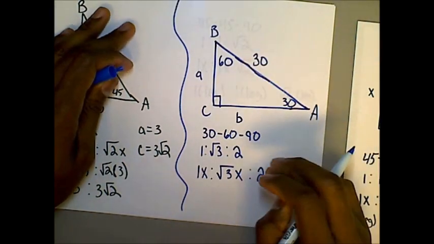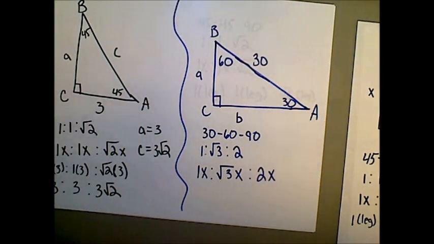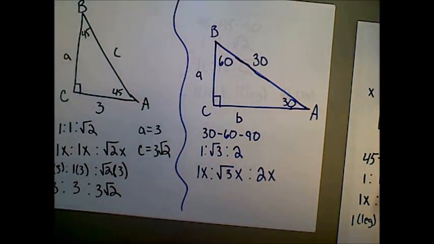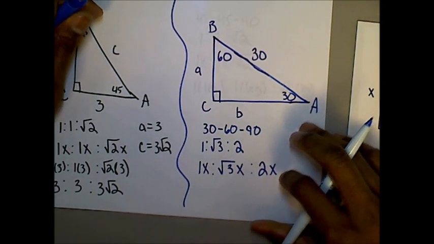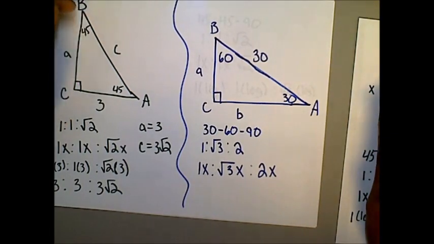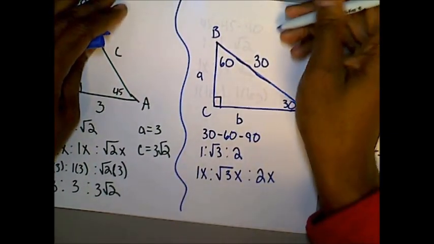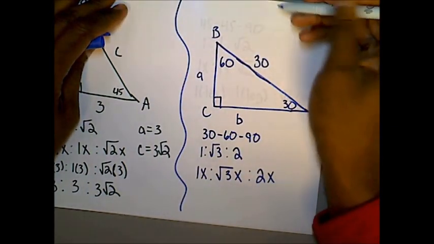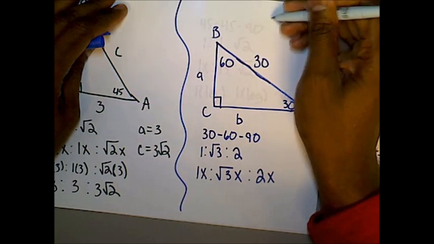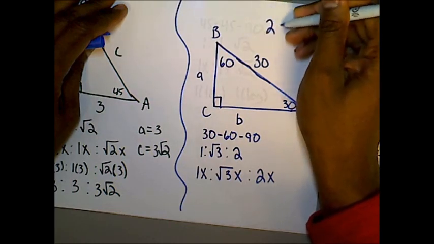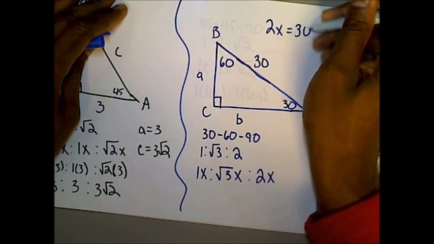Up here, I want to solve for x. If I know one of the sides of a special right triangle, that goes a long way in figuring out what x is. I know that side BA has a ratio of 2x, so 2 times x is equal to 30.